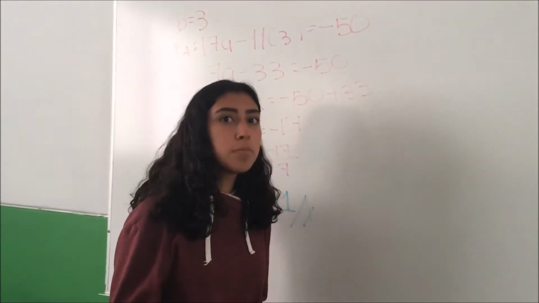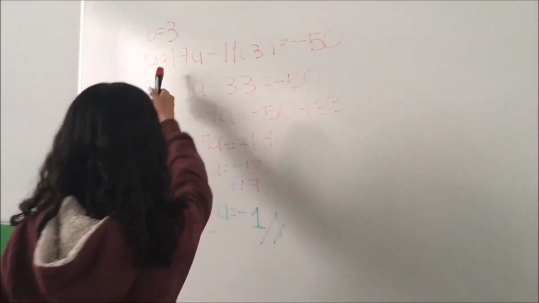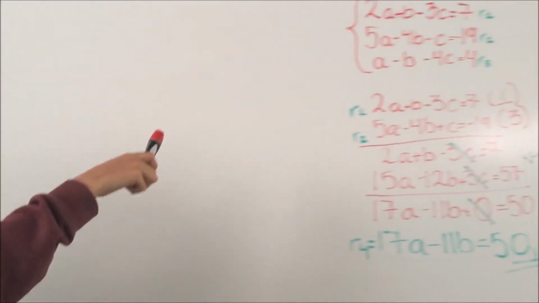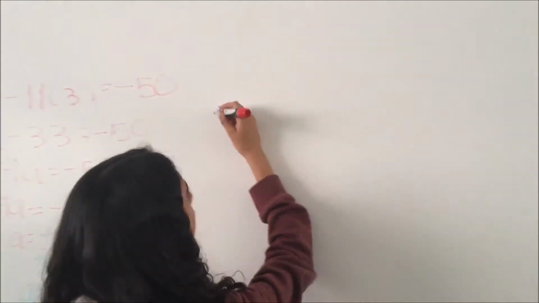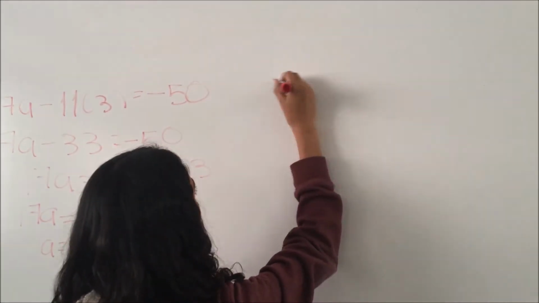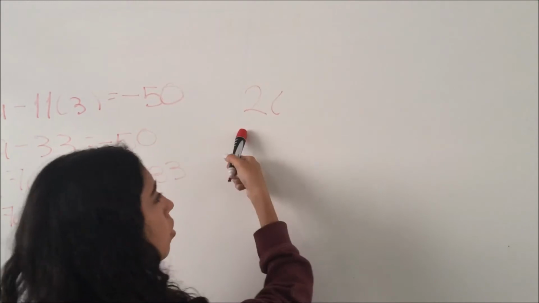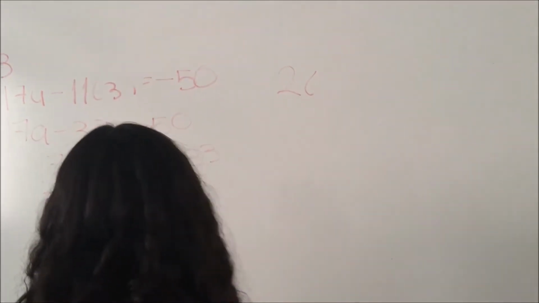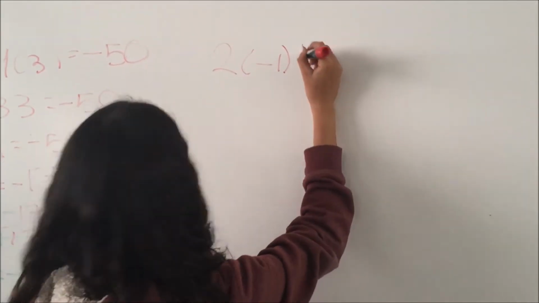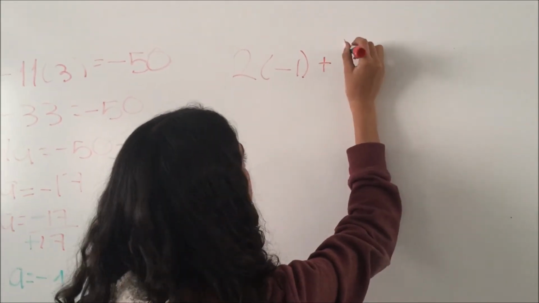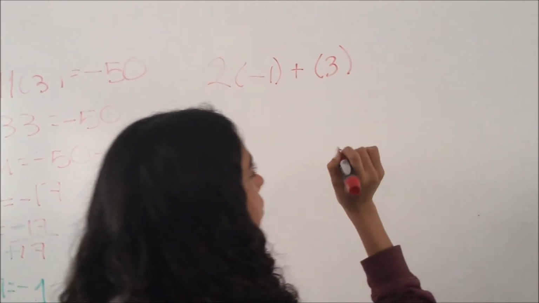Okay, so now we're going to substitute A and B in the equation, whatever equation you want. In this case, we're going to use R1. So we're going to change the factors. So instead of putting the letter, we're just going to put the number we got. So A was equal to minus 1, and B was 3.